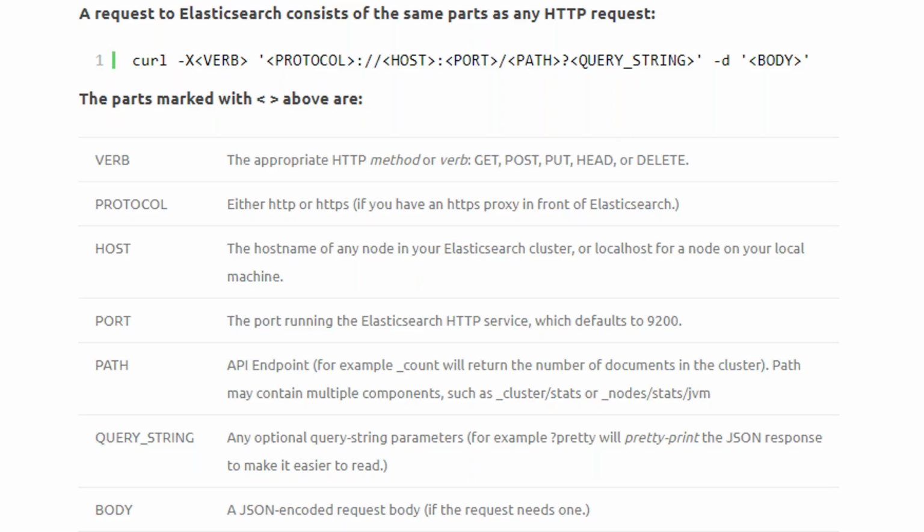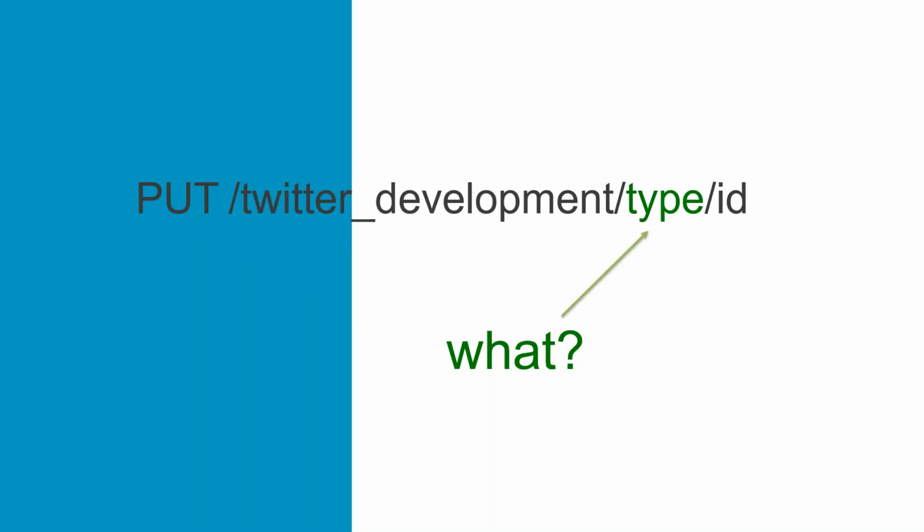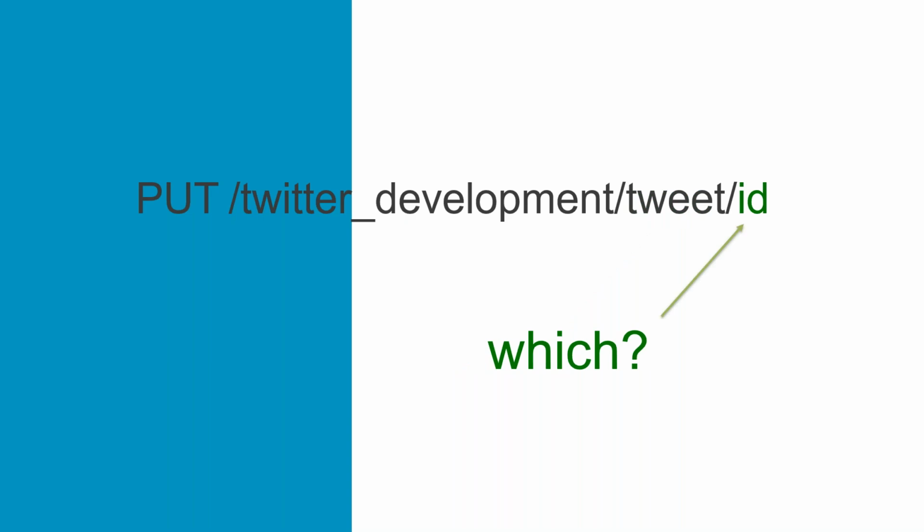Okay, so that means if you want to work directly with Elasticsearch, this is the way you can access it. Okay, so understand that here put is your action, index is the index where the action will happen, type is what kind of document, and ID is on which document it has to be.